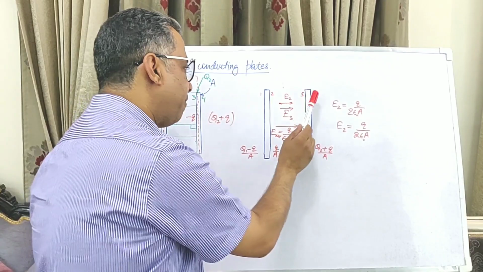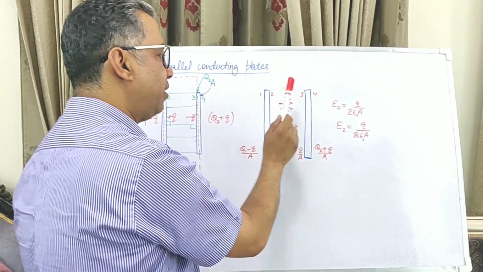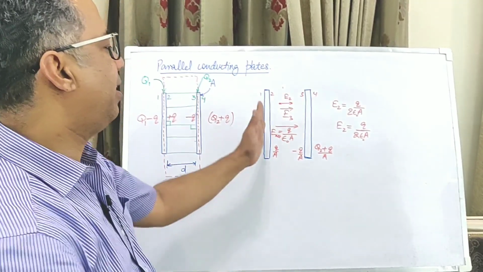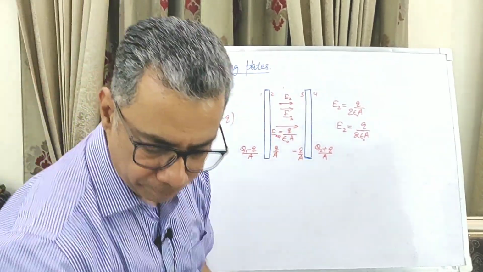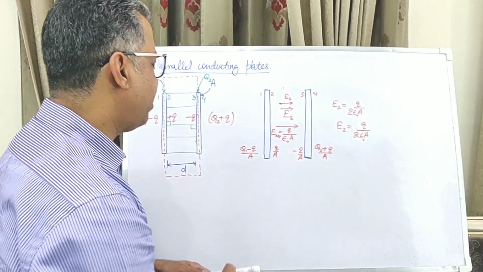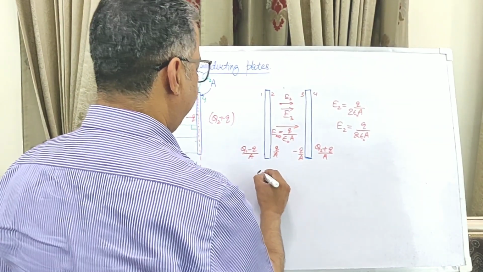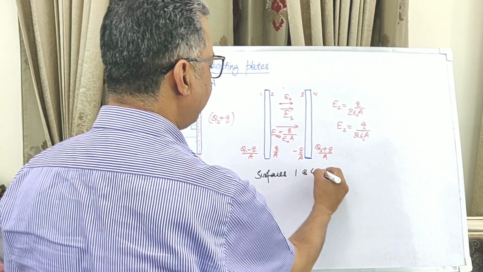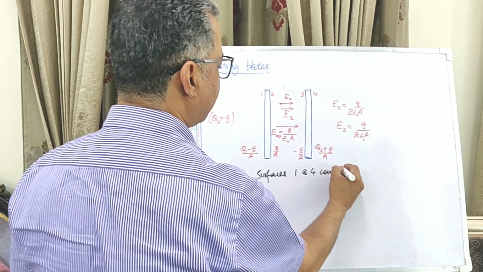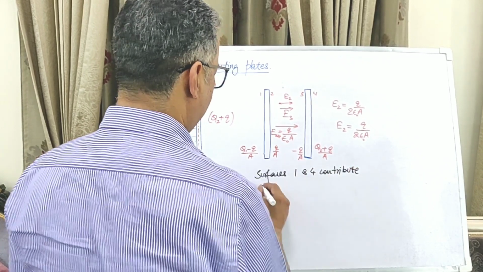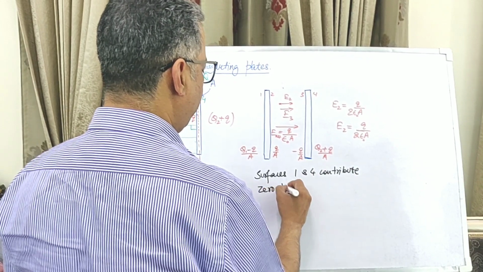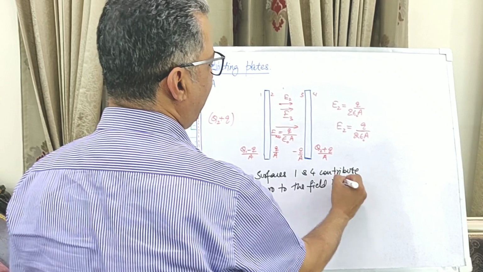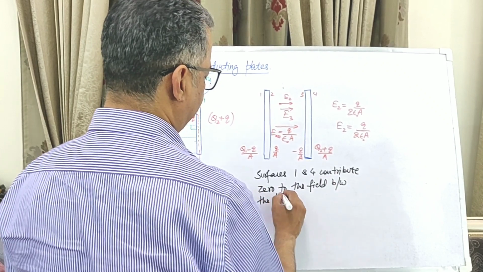The surfaces 1 and 4 have zero contribution to the electric field in this space. Very, very important conclusion. Surfaces 1 and 4 contribute 0 to the field between the plates.